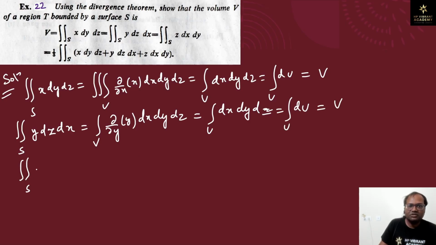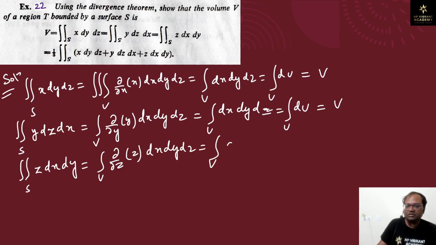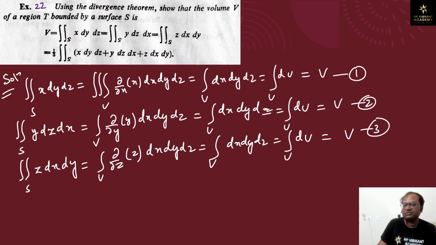Similarly, surface integral z dx dy is equal to volume integral del upon del z of z dx dy dz. This is nothing but volume integral dx dy dz, which is equal to volume integral dV, which is V. So let us add all these three. This is equation 1, this is equation 2, this is equation 3.